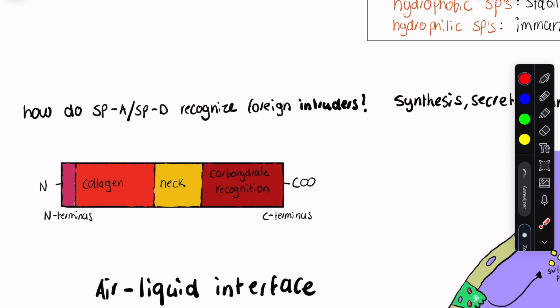What this carbohydrate recognition part does is bind to any foreign intruders that have a carbohydrate group or component, which is very important because most viral intruders, bacteria or fungi have a carbohydrate component which this carbohydrate recognition part will recognize and bind to, and therefore they play a very important role in recognizing these foreign intruders.